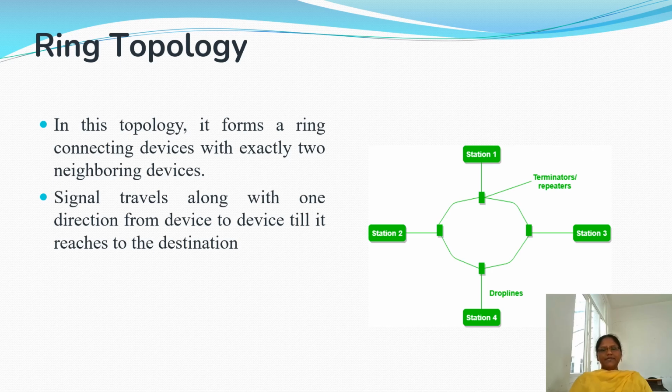For example, if station 1 wants to transmit a signal to station 4, station 1 will transmit the signal to station 3, and from station 3 the signal will travel to station 4. Generally in ring topology, the signal is carried forward in one direction, either clockwise or anti-clockwise.